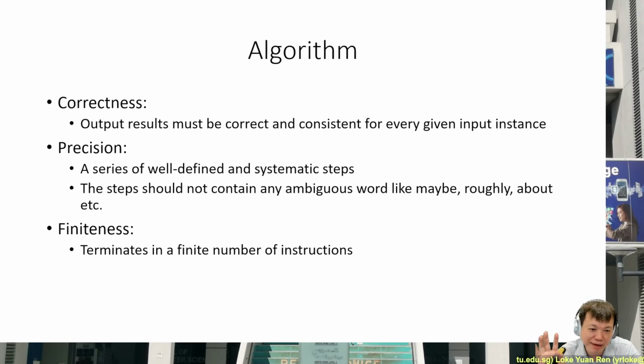There's no maybe or roughly. In short, you must be able to implement it in a program, and it must terminate in a finite number of instructions. Your algorithm cannot take infinite time to execute. So finiteness, precision, and correctness are the three components we consider in an algorithm.